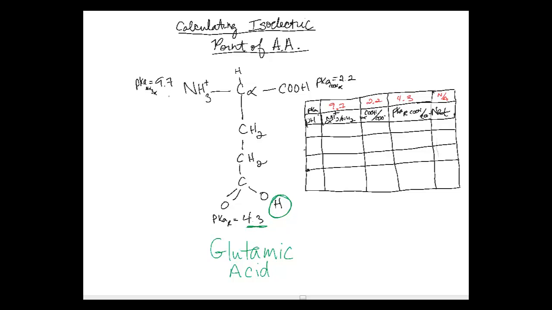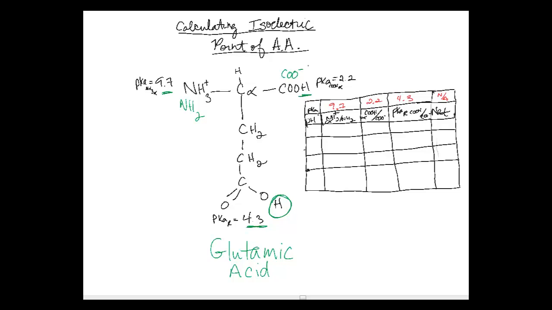And there's always going to be an amine group, and the pKa there is 9.7, and here we have a carboxylic acid group. Okay, so with the amine group, what happens is that either you have NH2 or NH3+, depending on the environment, and here the carboxylic acid, you have either COOH or COO-.